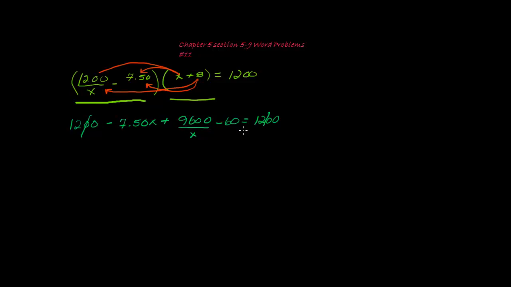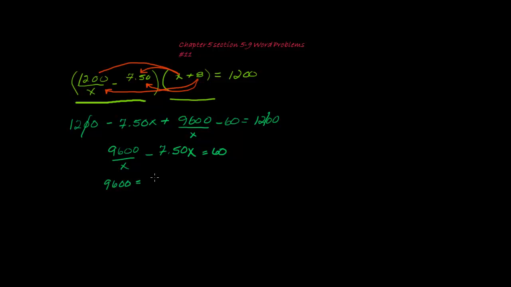The 1,200s will subtract on both sides, and if I combine and move some things around, I'm left with 9,600 over x minus 7.50x is equal to 60.